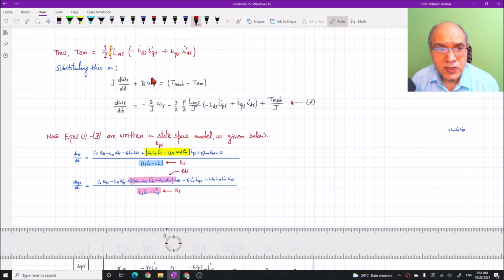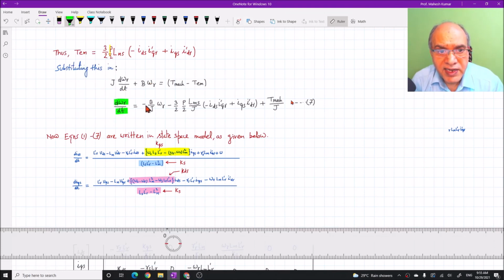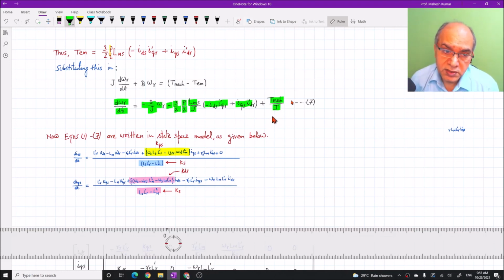And by substituting this TEM, we get d omega r by dt as minus b by j into omega r minus 3 by 2 p by 2 LMS by j times minus IDS IQR dash plus IQS into IDR dash, plus T mechanical by j. This is the seventh equation.